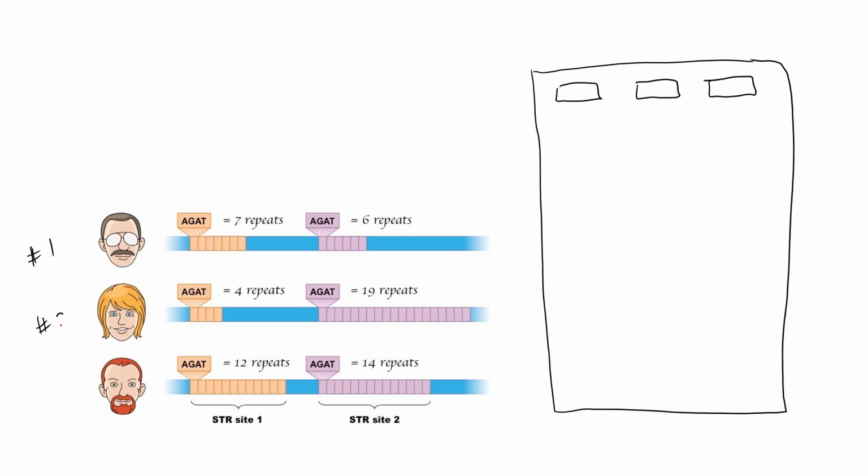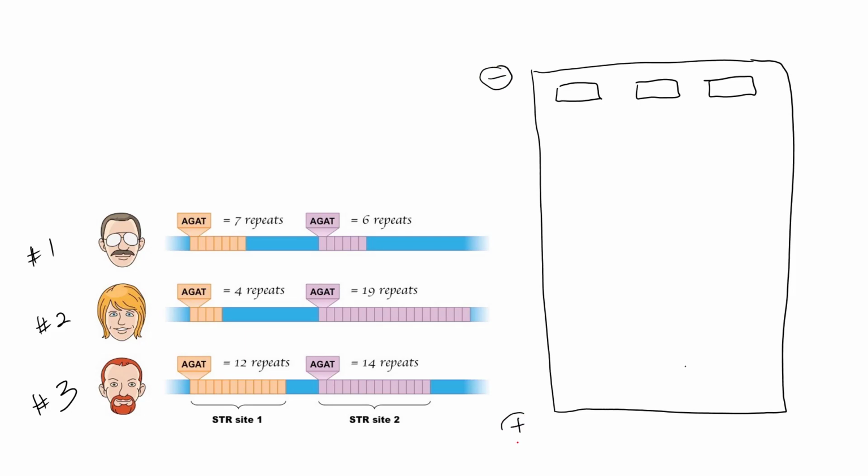And remember, this was suspect 1, suspect 2, and suspect 3. So usually what you do is you usually have some sort of reference control, so you know where the bands would actually land.